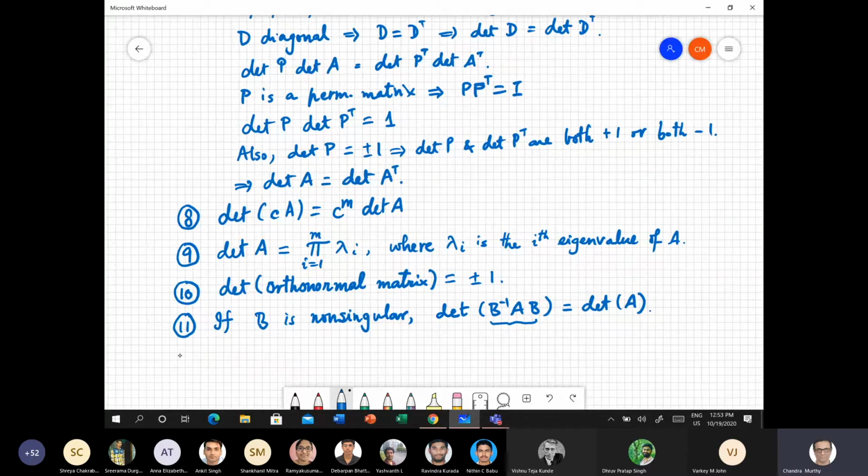Of course, another crucial property of the determinant is that it allows you to compute A inverse.